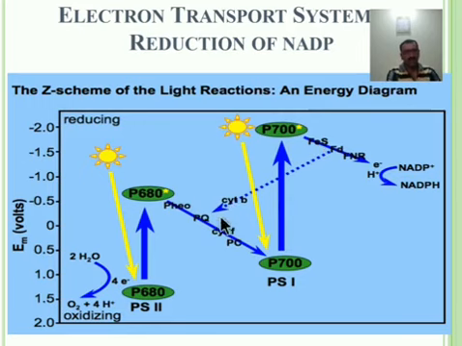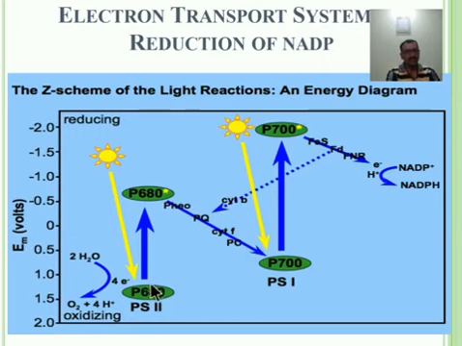Further, that electron comes toward the cytochrome F, and then toward the PC. PC is the plastocyanin. It is a copper containing protein.